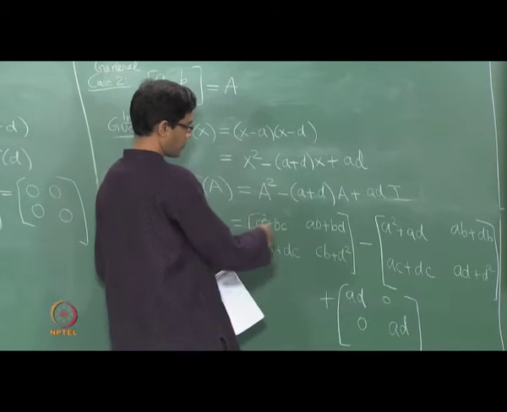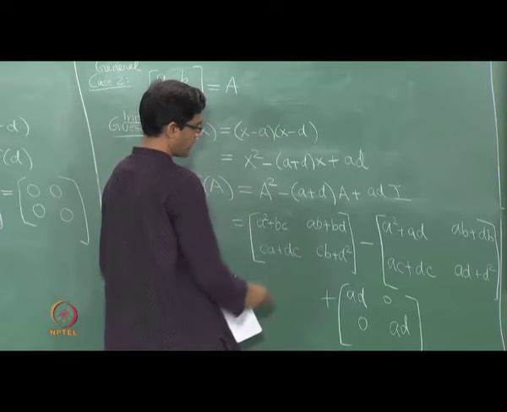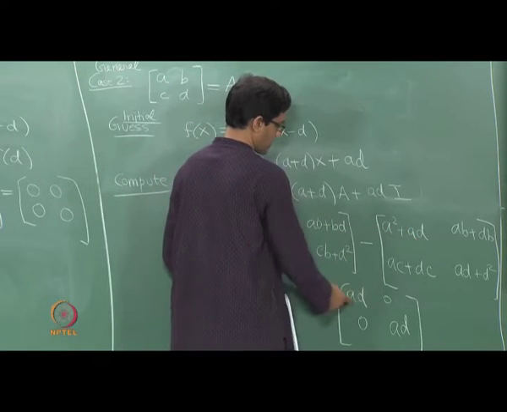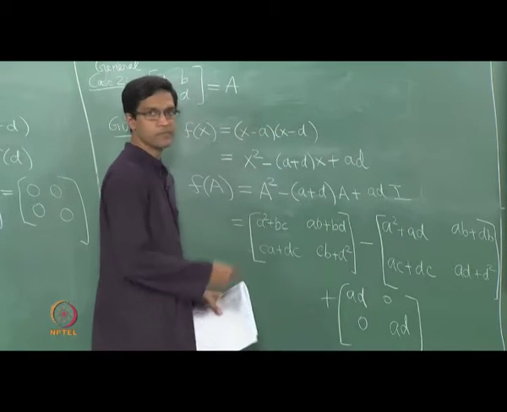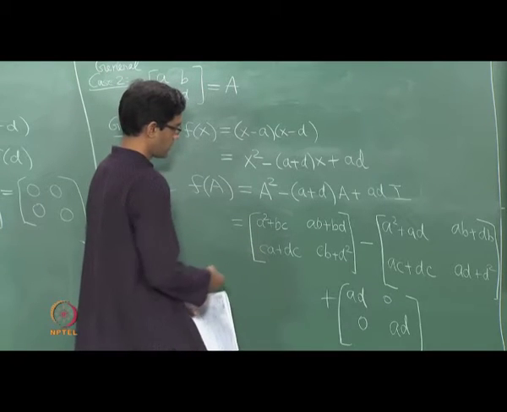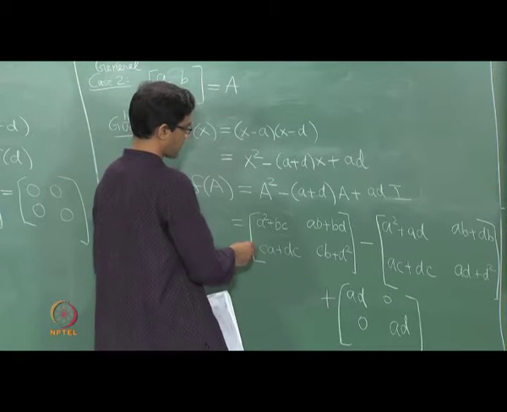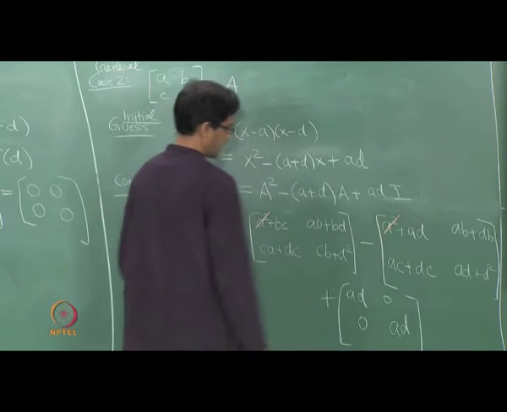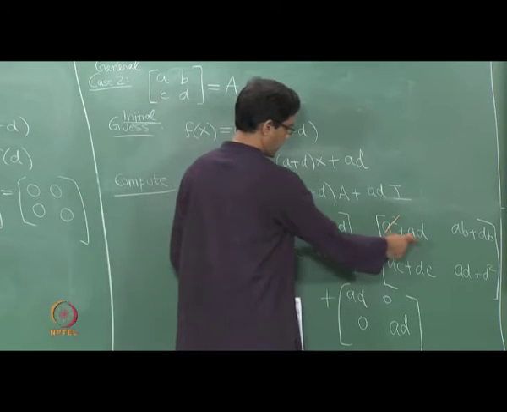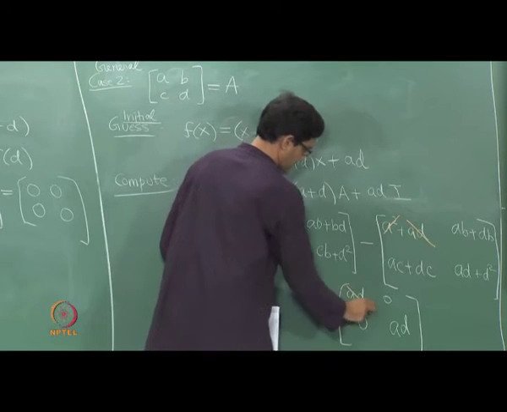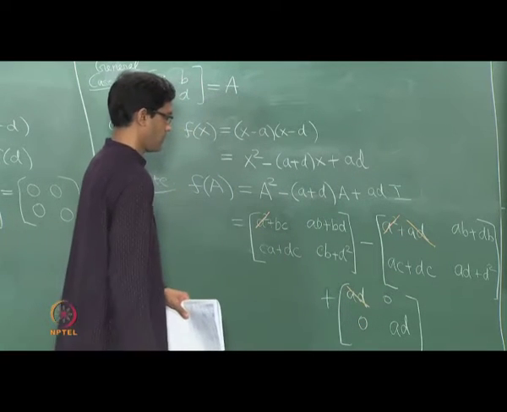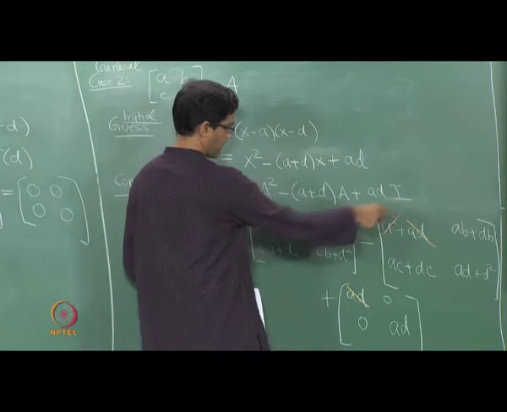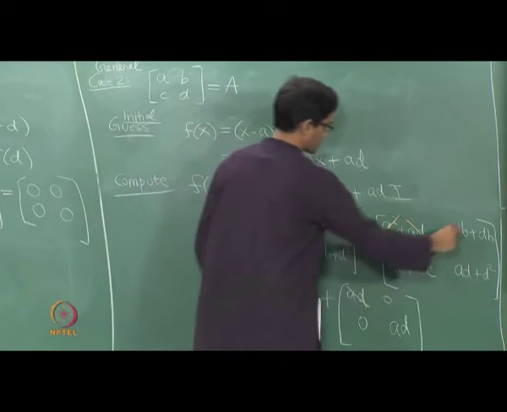So, what I need to do is, for instance, take the top left entry, a squared plus bc minus (a squared plus ad) plus ad. So, I need to take those three terms and combine them and see what I get. Here I can already see some cancellation. The a squared with a minus sign will cancel the a squared. I have minus ad here, which will cancel with the plus ad on the other side. Similarly here I have ab and I have ab in the second term, which will cancel each other out.